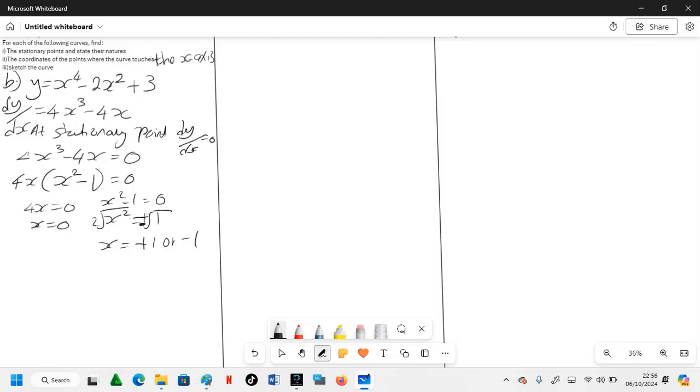So we have three stationary points here: when x is 0, when x is 1, and when x is negative 1. And that is what makes this one a very good example, right? So let's find the stationary points.